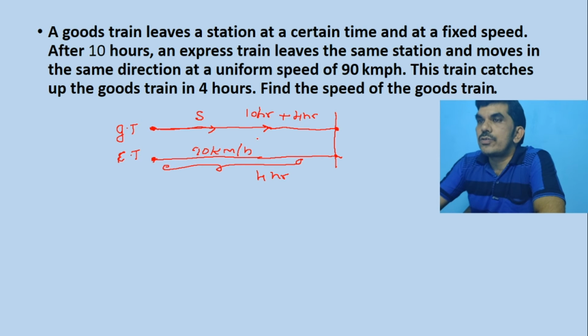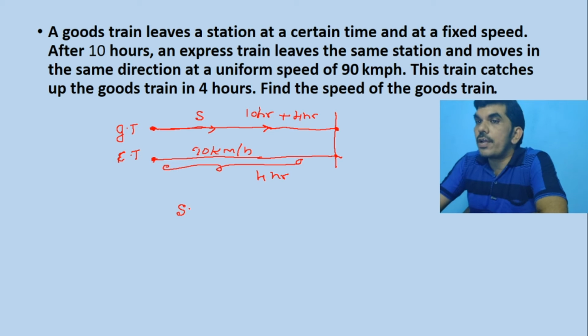Am I right? So the distance travelled by the express train in 4 hours is equal to the distance travelled by the goods train in 14 hours. So what is the distance travelled? Distance travelled by the goods train is speed into time.